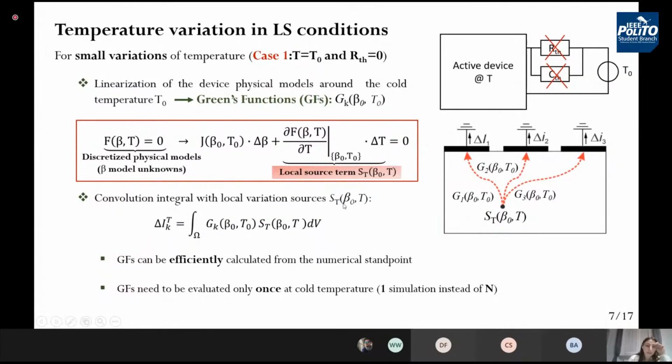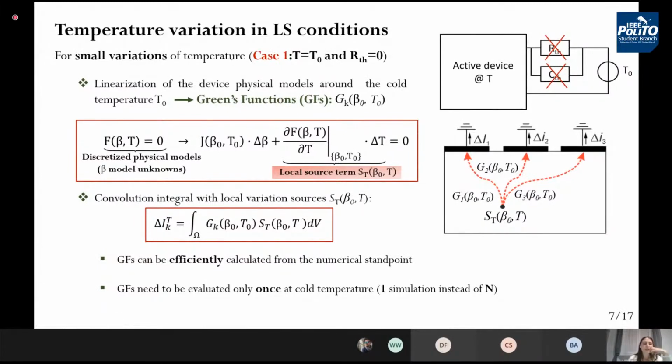Now we can calculate the induced perturbation at the terminal currents through a convolution integral that involves the variation sources and uses the Green's function as a kernel.